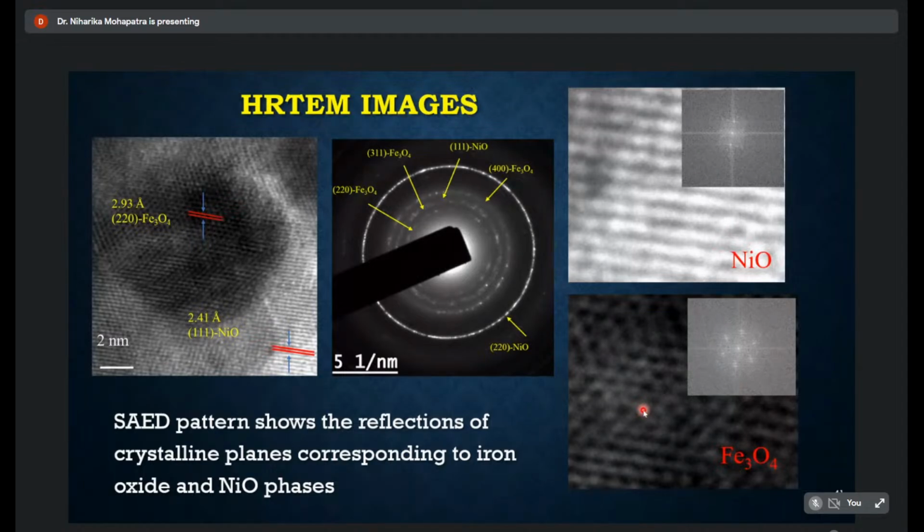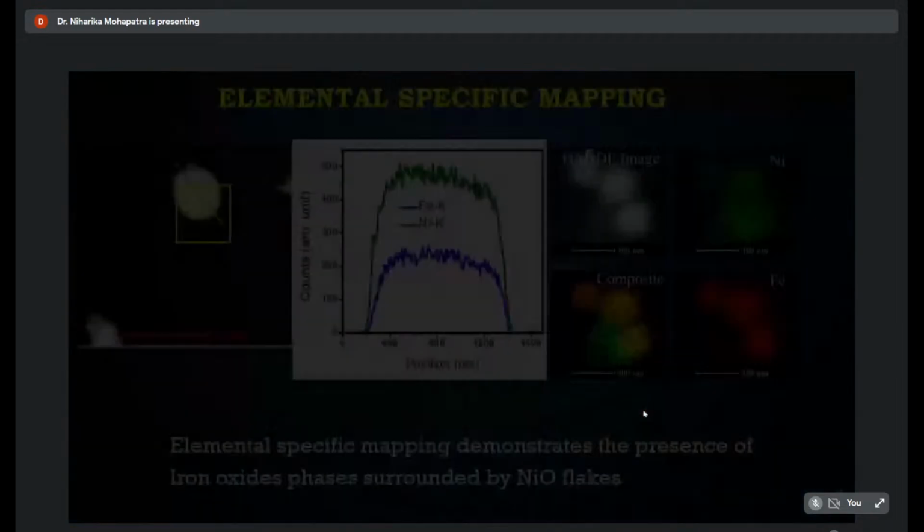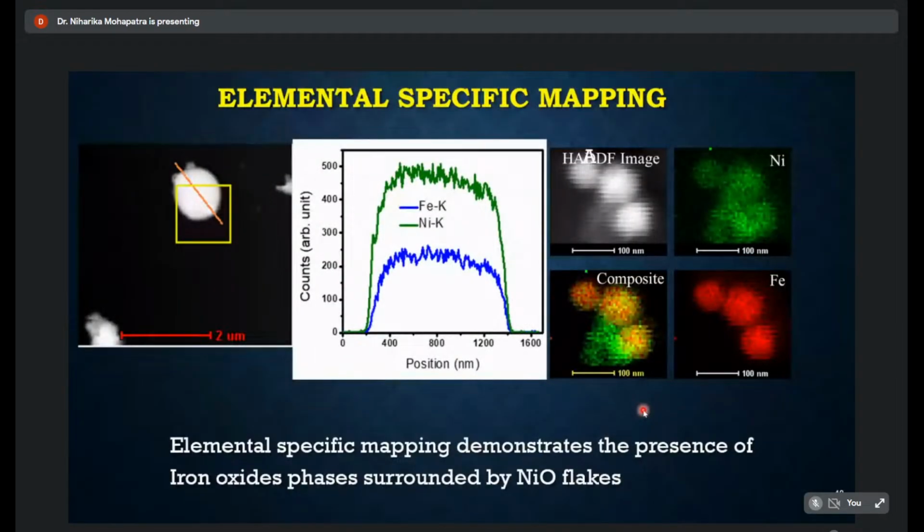These iron oxide particles are ferromagnetic or ferrimagnetic particles embedded in the antiferromagnetic matrix. Now, this is also confirmed by the elemental mapping, where we can see the nickel oxide matrix is present, and within this matrix iron oxides are embedded.